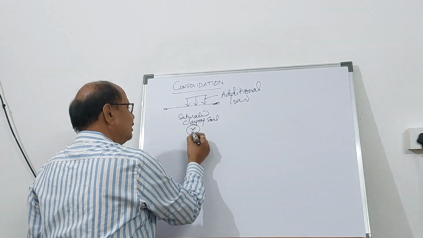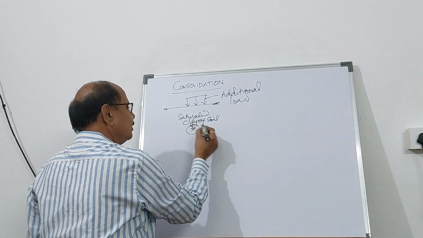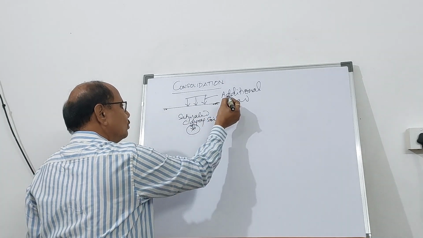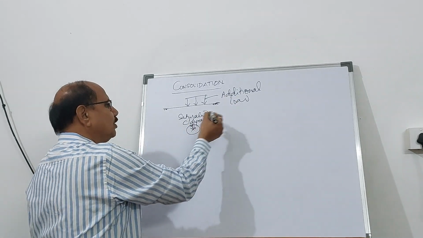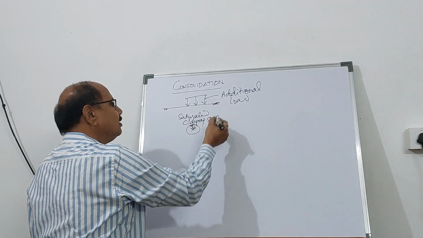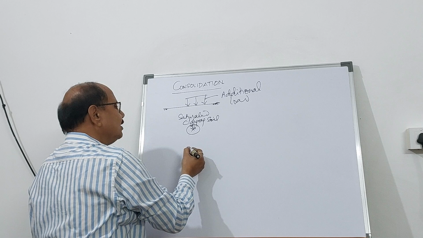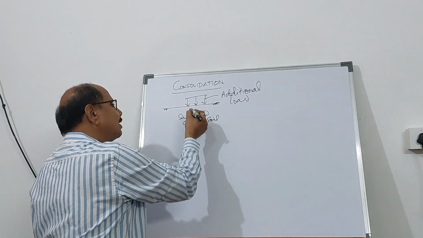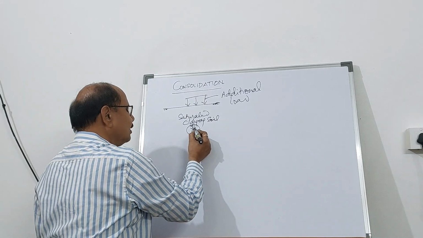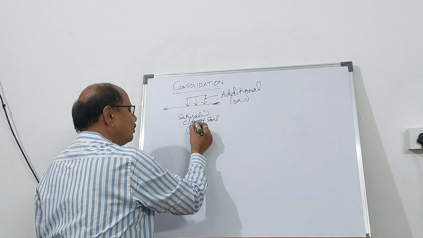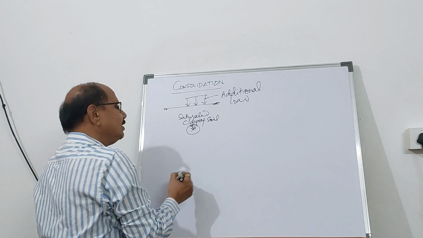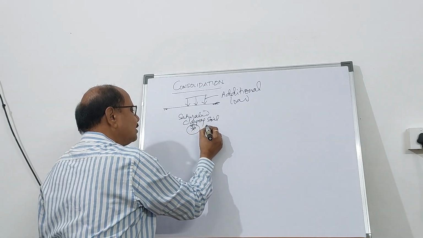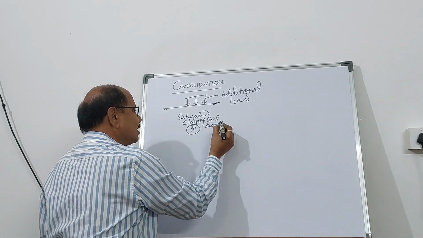So, additional stress is going to come into the picture because of this additional loading at the level of the surface or at the level of the footing. So here there is going to be an increase in the stress, and that is called delta sigma prime.